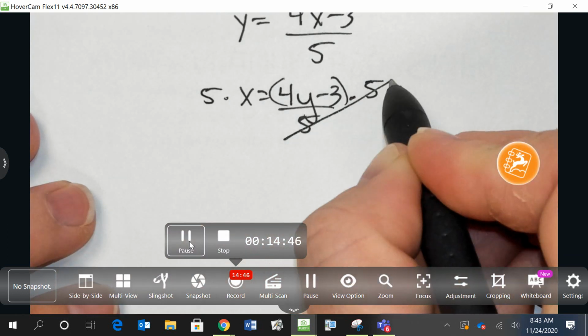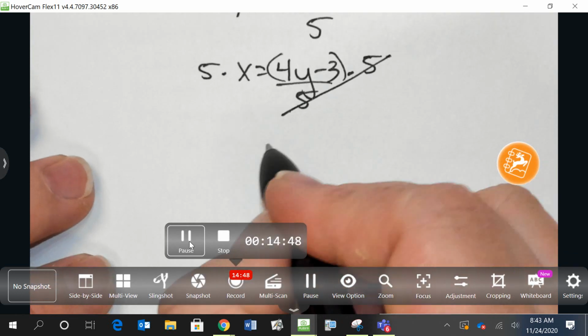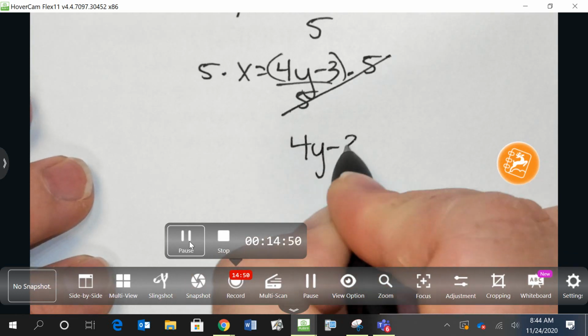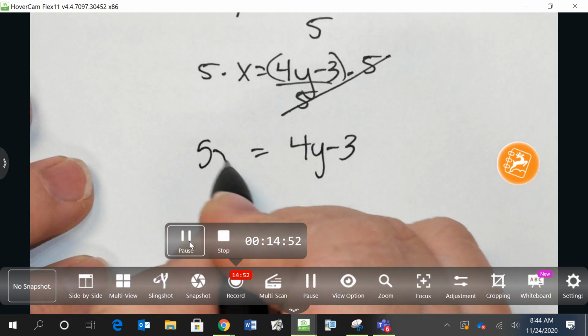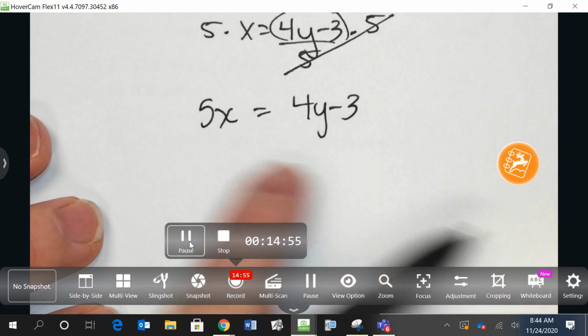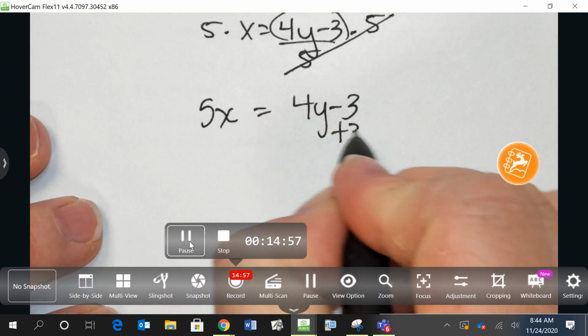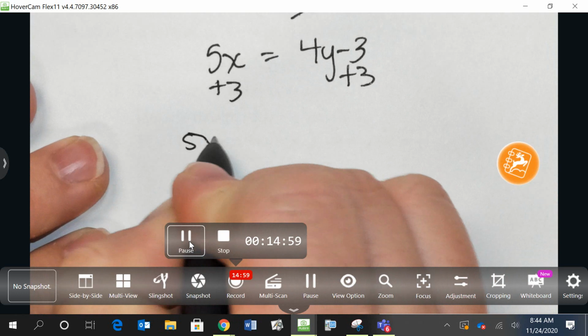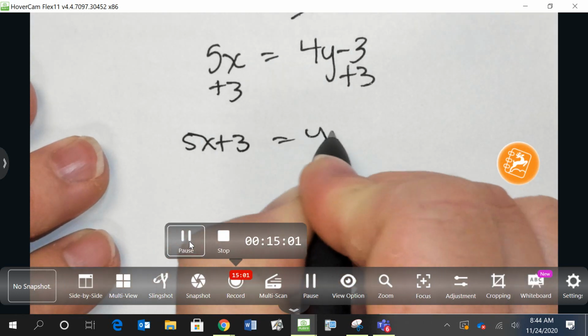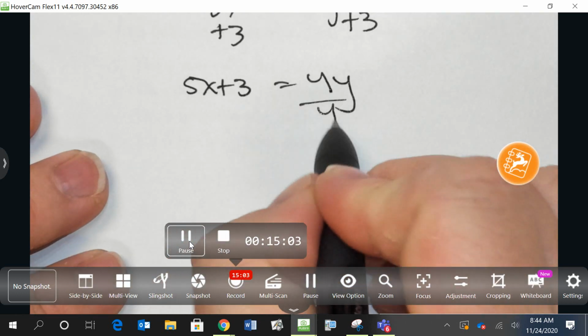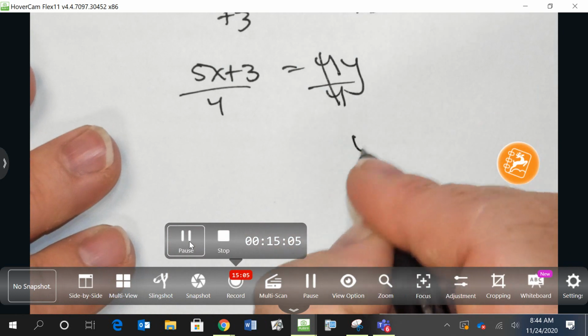In doing so, they don't just disappear. They're going to simplify to a 1. 5 times x is 5x. Then I'm going to add 3 to the opposite side. 5x plus 3 equals 4y. Divide by 4. And now let's see what we have here.